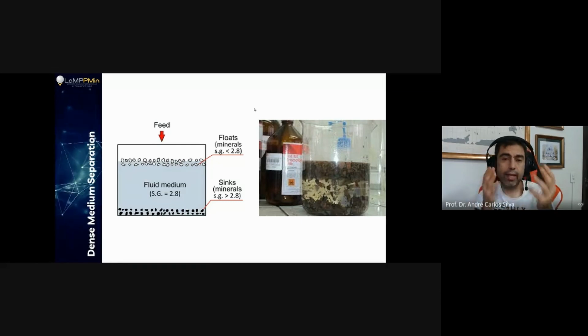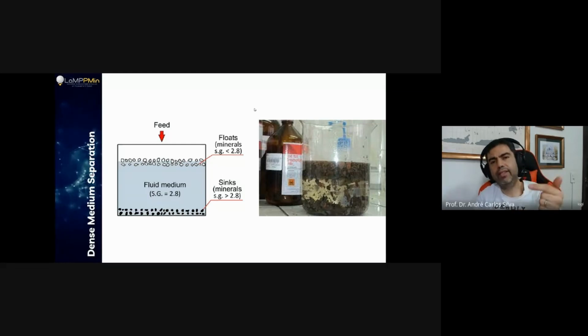And we can actually use this in our lab, and we do it in order to produce some curves that are going to, in the end, evaluate the liberation of gold in our material. Because if I have gold associated with quartz, then we're going to see quartz particles sinking, okay? Then what we do is we increase a little bit the density of the medium, and we try it again.